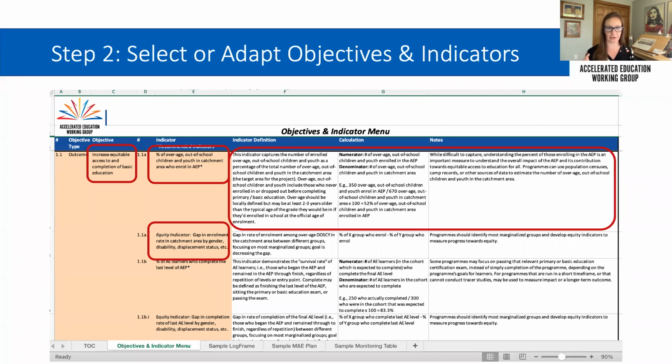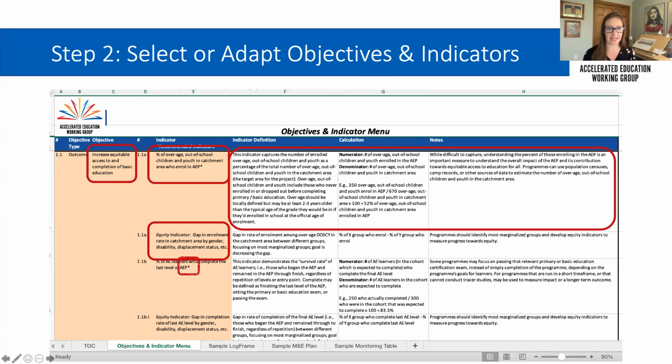And the idea is that over time, what might be a larger difference at first, 10%, 15%, might reduce over time. And then you might even see a flip, for example, if it goes into the negative, oh, look at that, we really heavily focused on girls. Now boys are having a harder time enrolling, something like that. So it gives you a more concrete way to track progress and challenges in equitable access and equity within all aspects of the AEP, really.